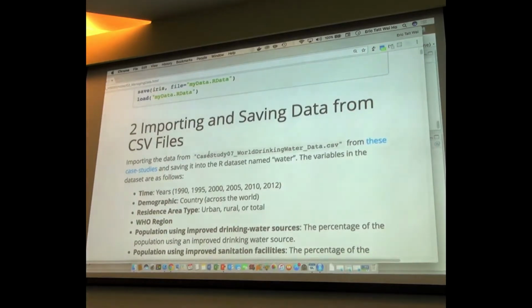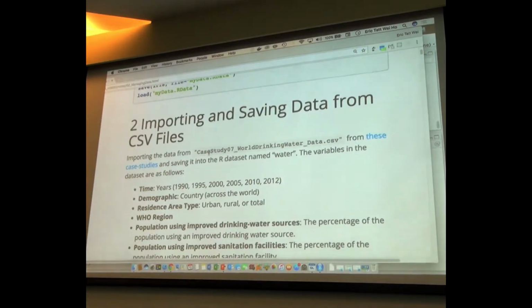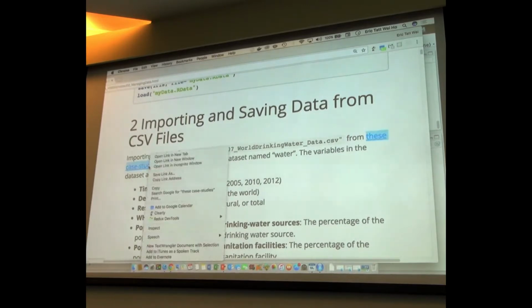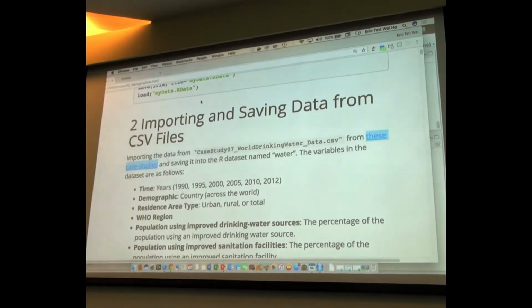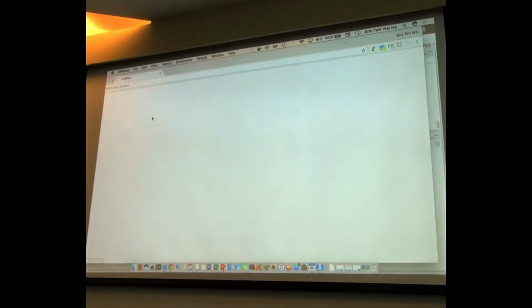Now, we also have a whole bunch of case studies here. If you click on this website, the case studies folder has, I don't know, a couple of dozen very interesting health-related studies.